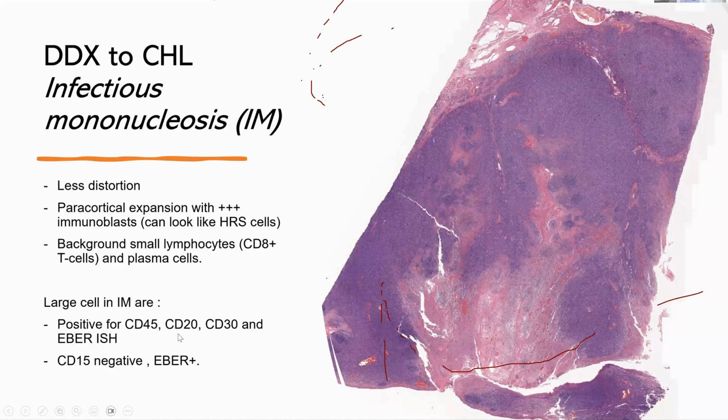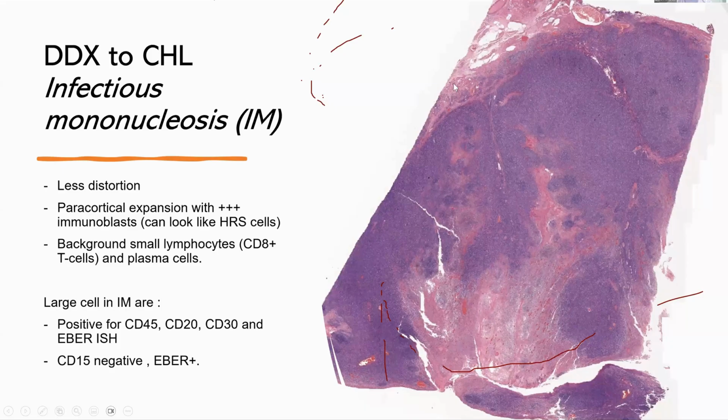However, how to differentiate: the larger cells in infectious mononucleosis will be CD45 positive. They will be CD20 strongly positive. So these are the main differentiating factors. But be careful, they will be CD30 and EBV positive. However, CD15 is usually negative in these diseases.